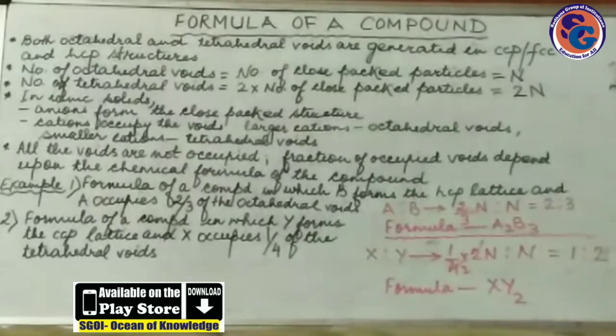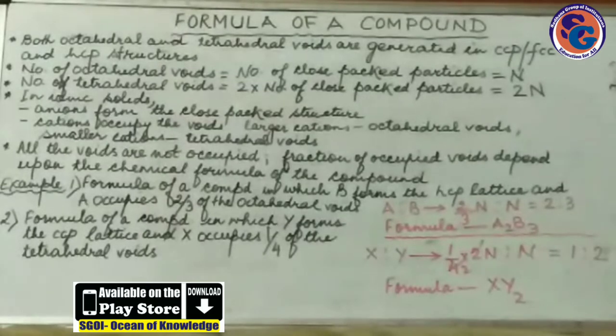In case of an ionic solid, the anions, which are bigger in size, make up the close packed structure. That is, those anionic spheres make up the lattice. And the cations, which are smaller in size, occupy the voids. If in an ionic solid there are two different cations, then the larger cations will occupy the octahedral voids, and the smaller sized cations will occupy the tetrahedral voids, because the tetrahedral voids are smaller in size than the octahedral voids.